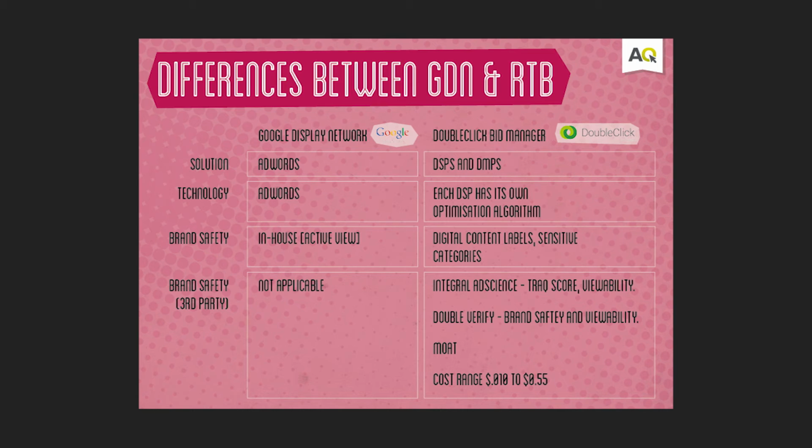GDN uses AdWords as its core technology. It's basically an ad network. Programmatic, on the other hand, uses an algorithm. Each programmatic platform like MediaMath, AppNexus, DoubleClick, PubMatic has its own algorithm and optimization algorithm.